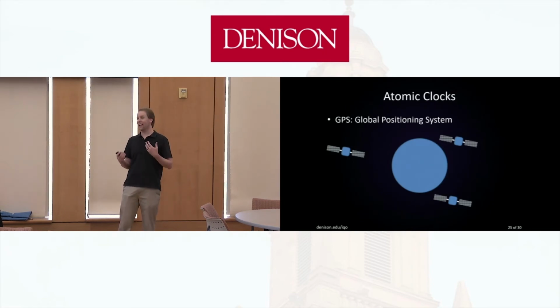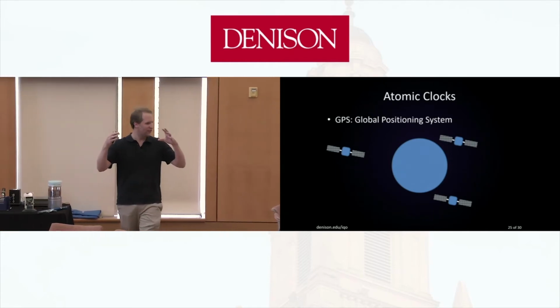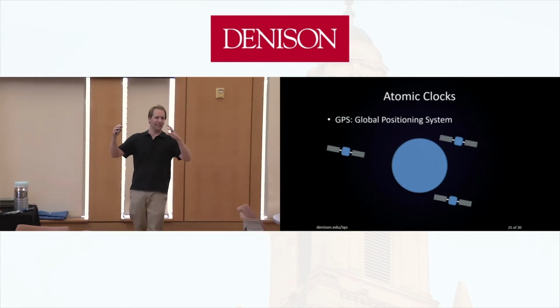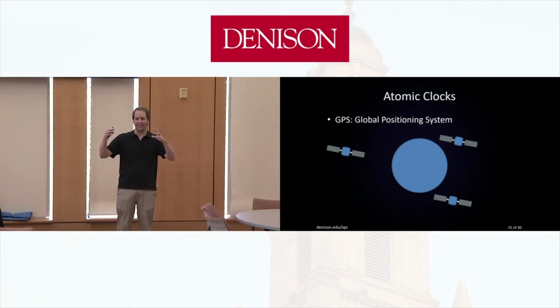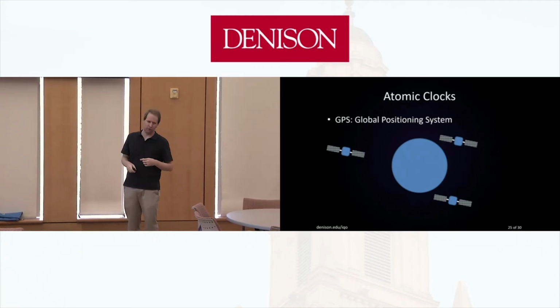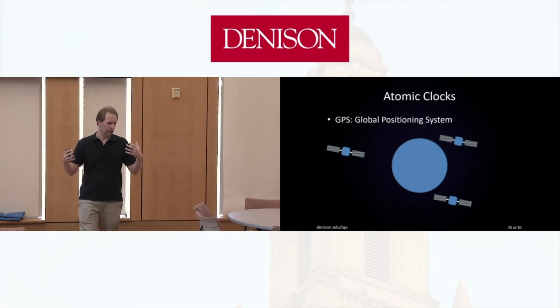So GPS relies on atomic clocks in order to operate. There's a constellation of satellites that orbit the Earth, and each of those satellites has several different atomic clocks in it that keep very precise time, and they're all synchronized with one another. And those satellites broadcast two bits of information to the Earth.